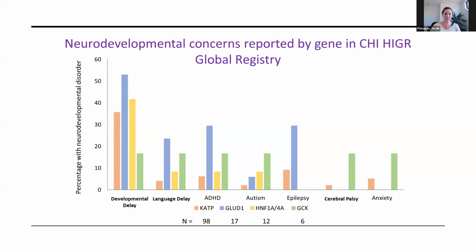For example, this blue bar represents children with GLUD1 HI. There seems to be a higher proportion of these children with epilepsy, and also a higher proportion with developmental delays. Again, this is preliminary data, but it's something that we are actively researching.